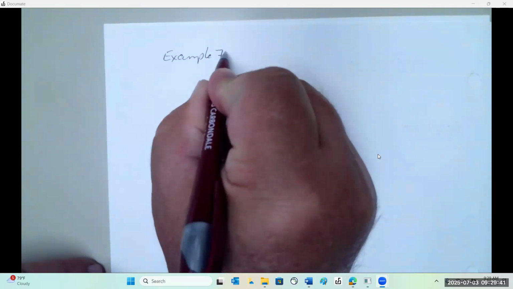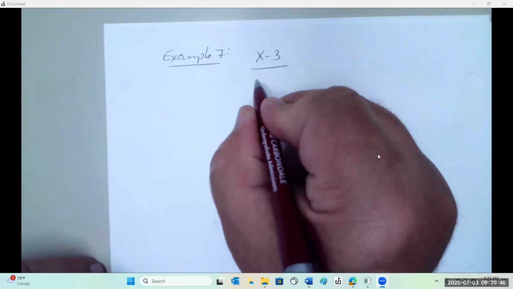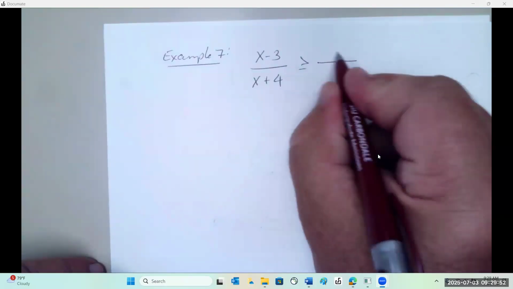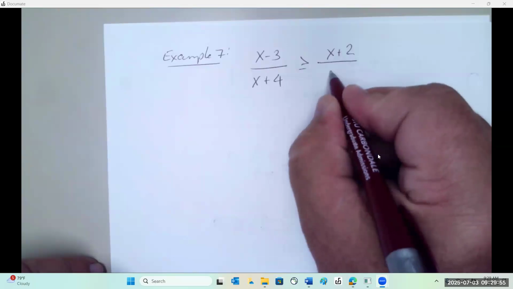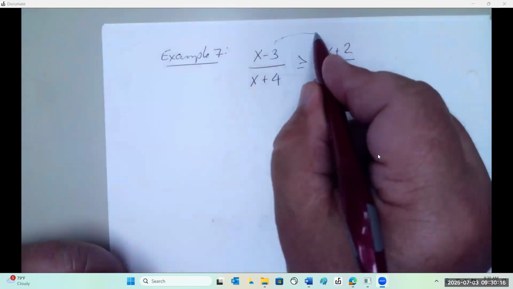All right, the last one for this chapter. x minus 3 over x plus 4 is greater than or equal to x plus 2 over x minus 5. Does it matter which one you move? No. So which one do you want to move? Left to right or right to left? All right. So we'll move this one.